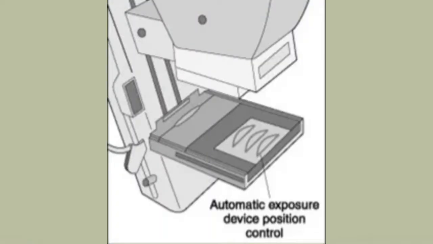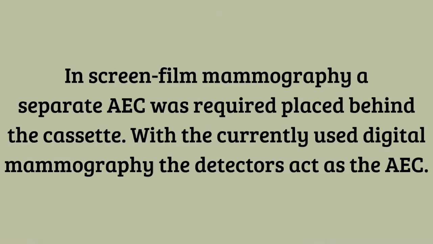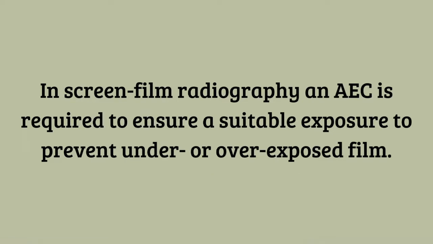Next is the automatic exposure control, or the AEC. In screen film mammography, a separate AEC placed behind the cassette was required. With the currently used digital mammography, the detectors act as the AEC. In screen film radiography, an automatic exposure control is required to ensure a suitable exposure to prevent under or overexposed film.